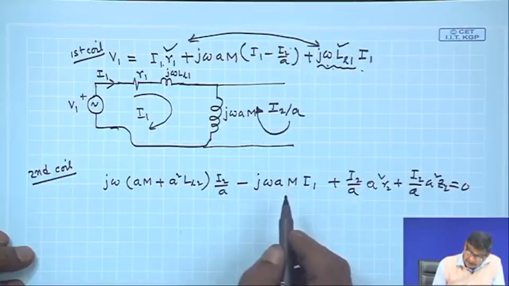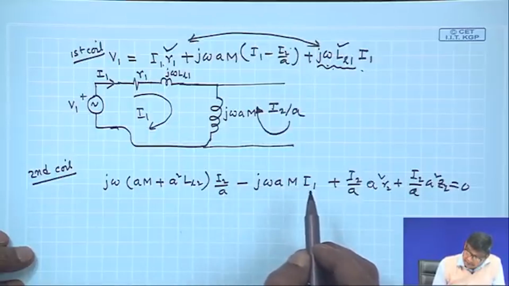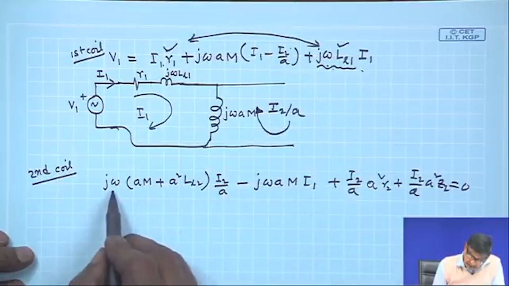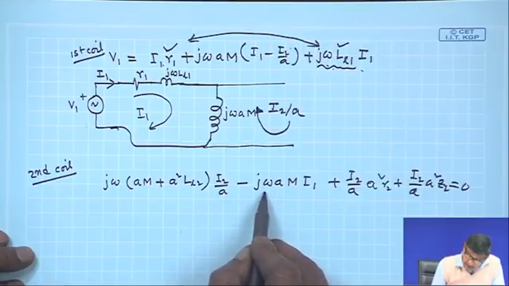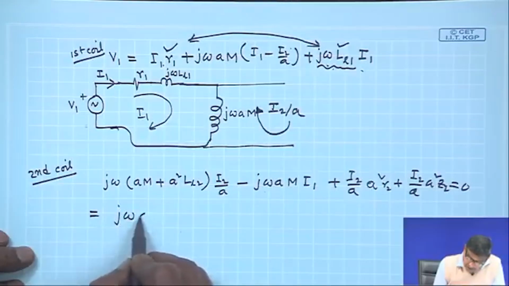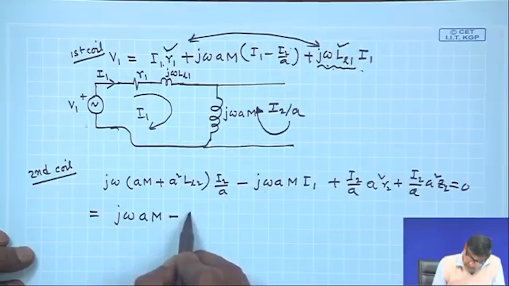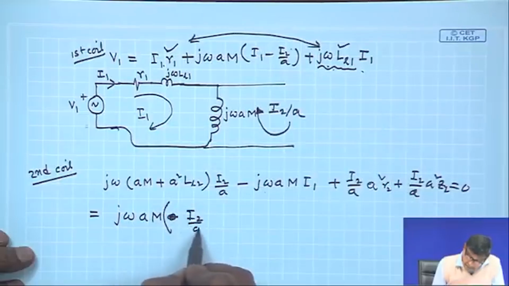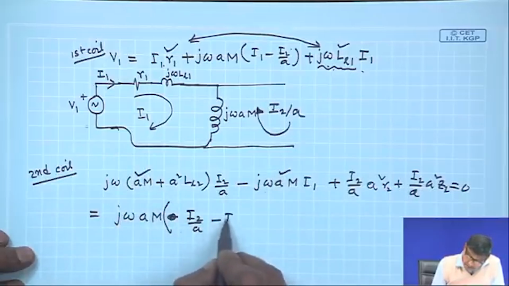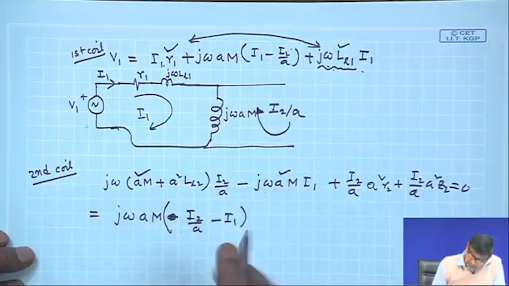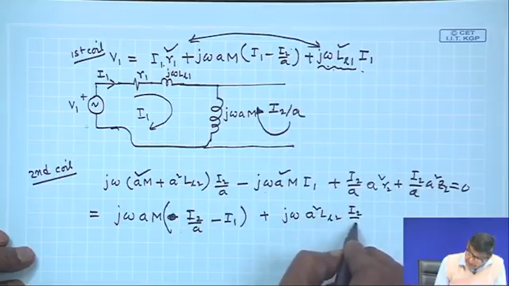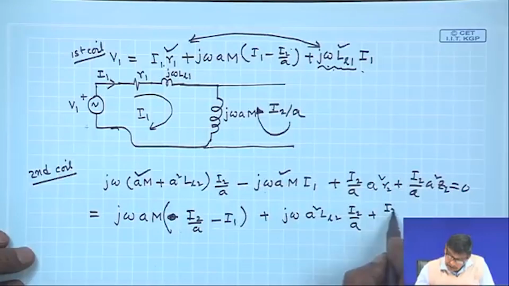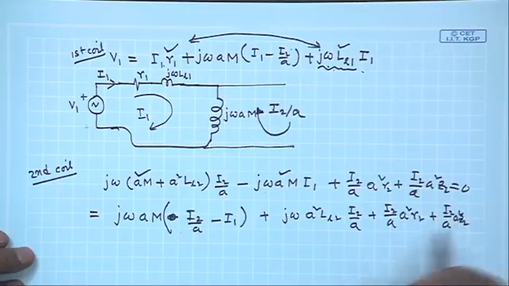Therefore, the second KVL equation is telling me that this voltage drop, that is j omega A m into I 2 by A minus j omega A m into this, can be written as j omega A m, I 2 by A minus I 1, plus j omega a square L L 2 I 2 by A, and then I 2 by A square R 2, and then plus I 2 by A square Z 2, and that is equal to 0.